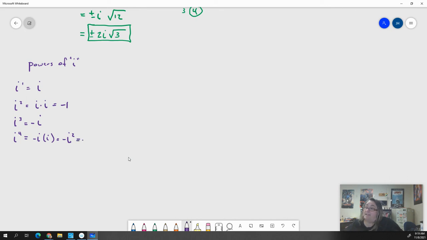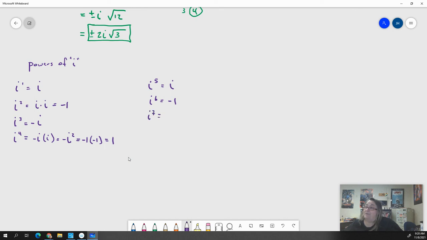So that would be like negative 1 times negative 1, which just equals 1, right? If I do i to the fifth power, we're saying 1 times i. Well, again, that's just i. i to the sixth power, we're taking this i to the fifth and multiplying it times i, which is negative 1.